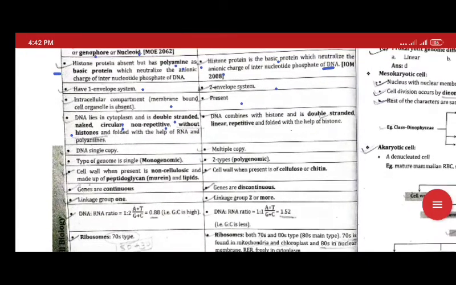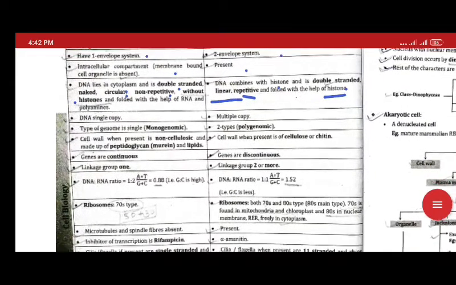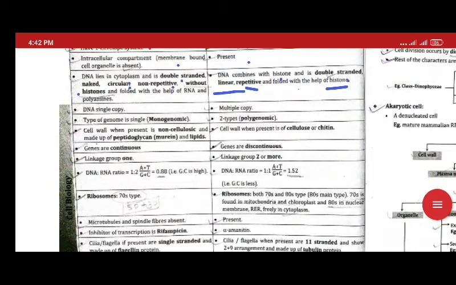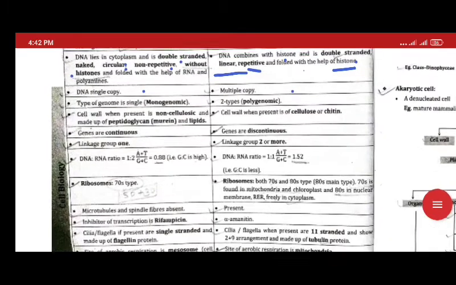In eukaryotes DNA is with histone protein, double stranded and linear, while in prokaryotes it is circular. Here it is linear and repetitive, with division with the help of histone protein. Now prokaryotic DNA has a single copy and eukaryotic DNA has multiple copies.